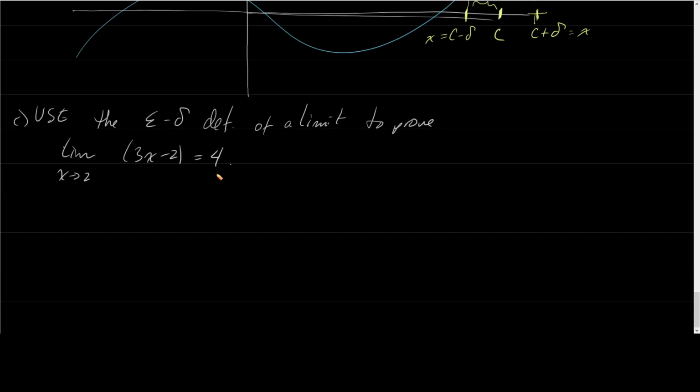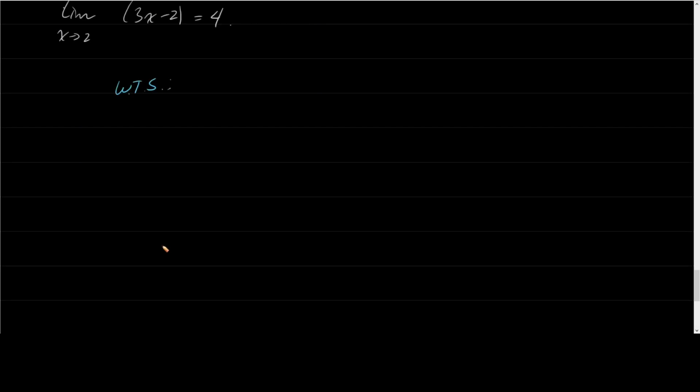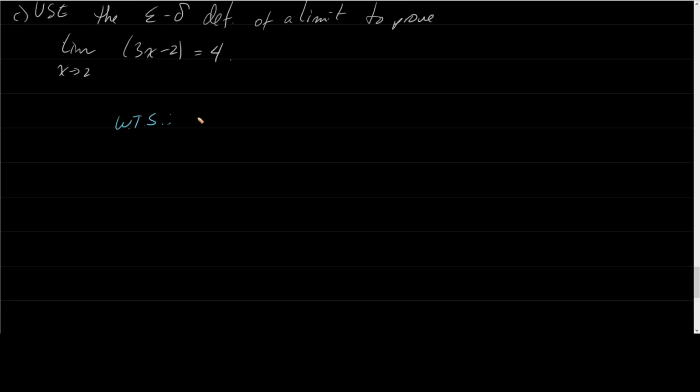Let's start with what we want to show. I use WTS to stand for want to show. We want to show that if 0 is less than the absolute value of x minus c is less than delta, then the absolute value of f of x minus L is less than epsilon.